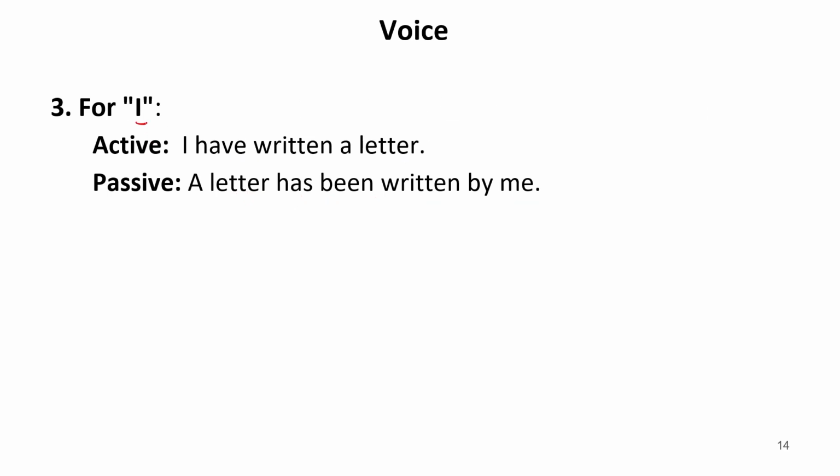If we have the subject I: I have written a letter. So I is always followed by have, not has. I is considered plural in this case. A letter, now when a letter comes to the subject place, the object when it comes to the subject place will be the subject. So letter is followed by has because letter is singular. So a letter has been written by me.